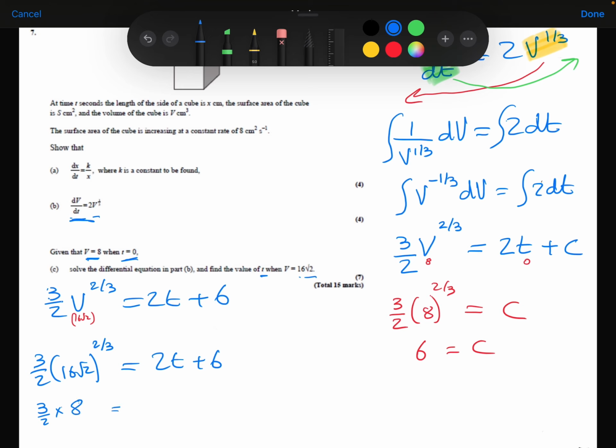Times by 3 over 2 is 12. So 2t must be 6, and t is 3.